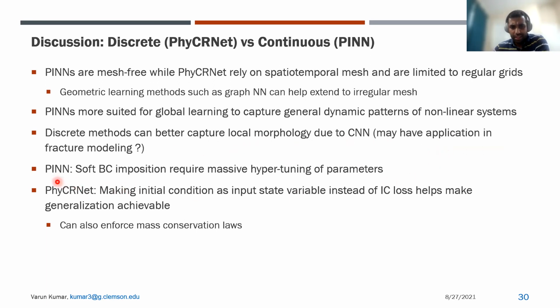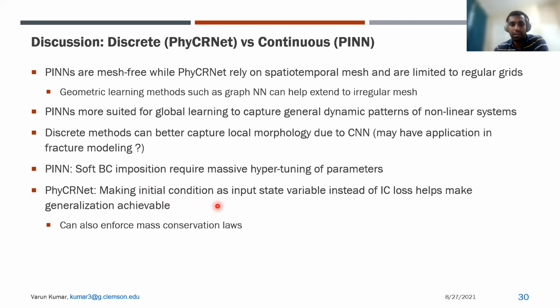One of the biggest claims they make is that the use of hard encoding of the boundary condition helps them achieve better and more accurate results. And one of the things they have pointed out is that the use of soft boundary conditions requires massive hyperparameter tuning.